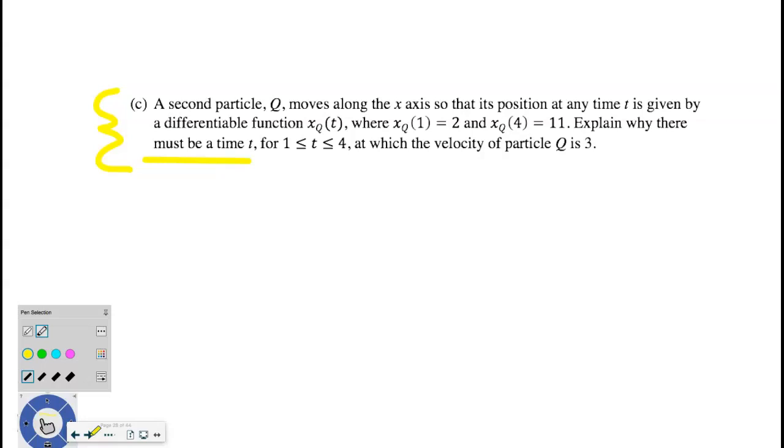So whenever you see that, where you have to prove that there's the existence of something, it's either the IVT or the MVT. The MVT is about derivatives. The IVT is about y values. So when I'm given position and it's asking me about velocity, that means I need to take the derivative, and it means this is the MVT. So you have to know what the MVT states.